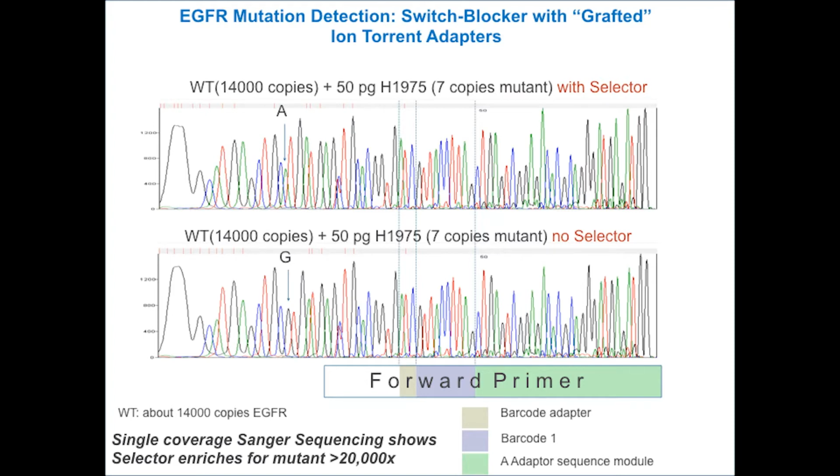If there's no selective blocking, there's not a hint of seeing that mutant in that 99.95% wild type. But if we do the selective blocking, now all we see is the mutant A. The 0.05% mutant has been so selectively amplified up, there's not a hint of the wild type that was there initially at 99.95%. So you can also couple this with next-gen sequencing.